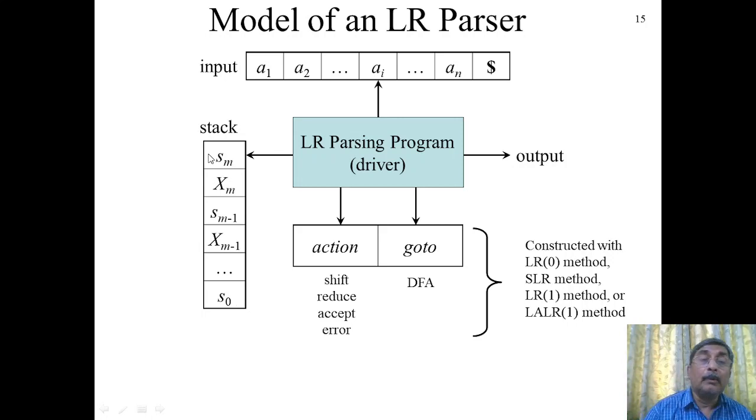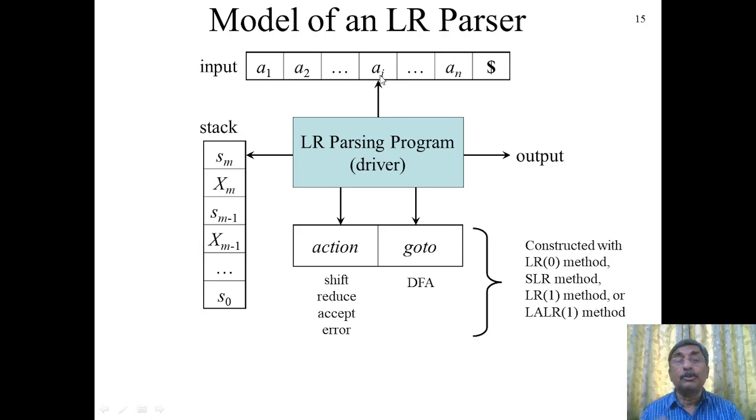My driver does not look at the stack really. It only looks at the top of the stack. And what is there in the top of the stack? The top of the stack contains a state number, and it also looks at the current input symbol. So all the input symbols which are shifted into the stack are not of interest.